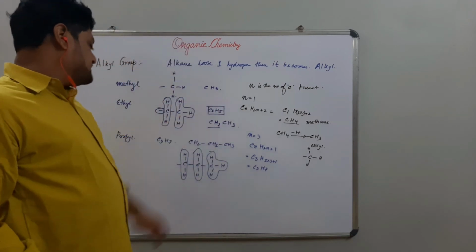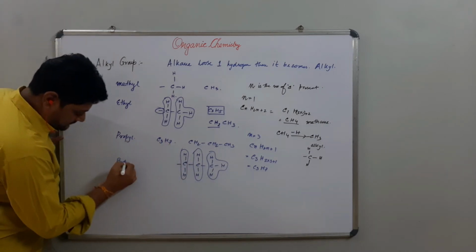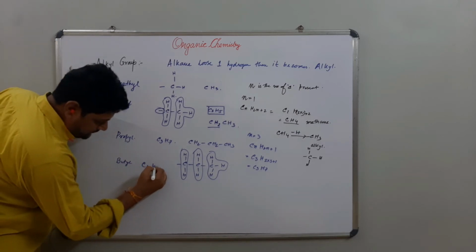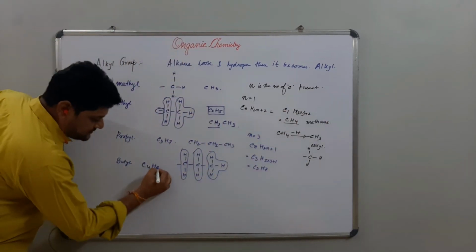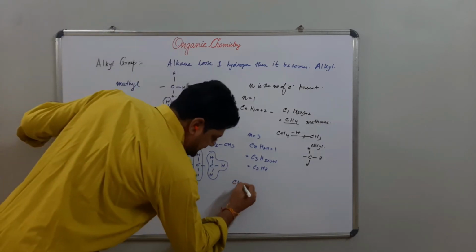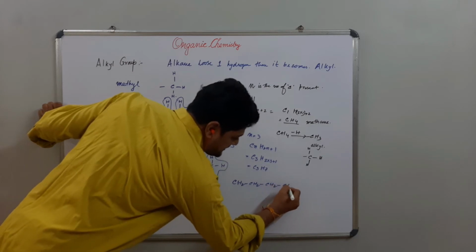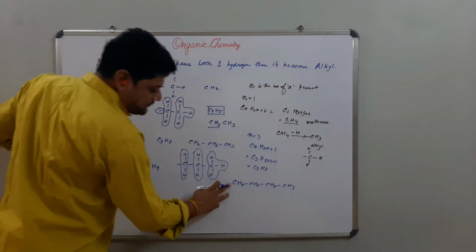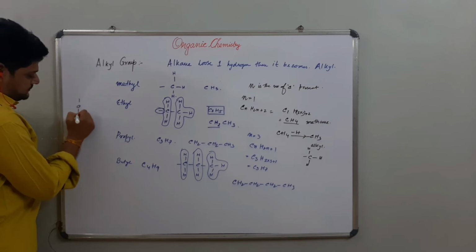In the same way, you can break down butyl. Butyl is C4H, 4 times 2 is 8, plus 1 is 9, so C4H9. It becomes CH2CH2CH2CH3; carbon has 4 valencies, 1, 2, 3, 4, satisfied.